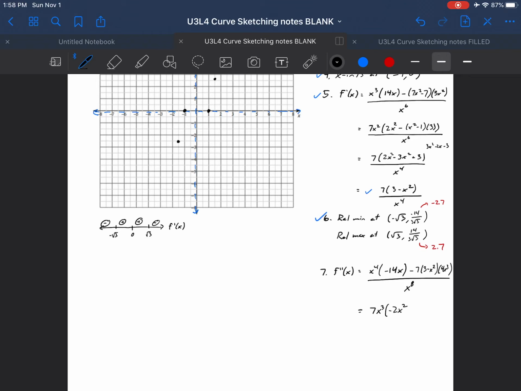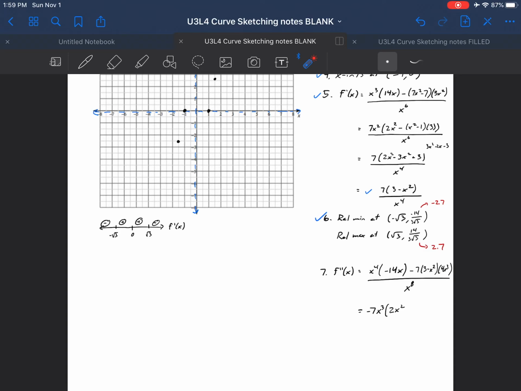And then if the 7 comes out of the second part, this is gone. Well, let's do this. Let me take this negative out too. Okay? And hopefully I won't bungle that. That means this is a 2x squared. Okay? This negative is gone. This 7 is gone. This x cubed is gone.